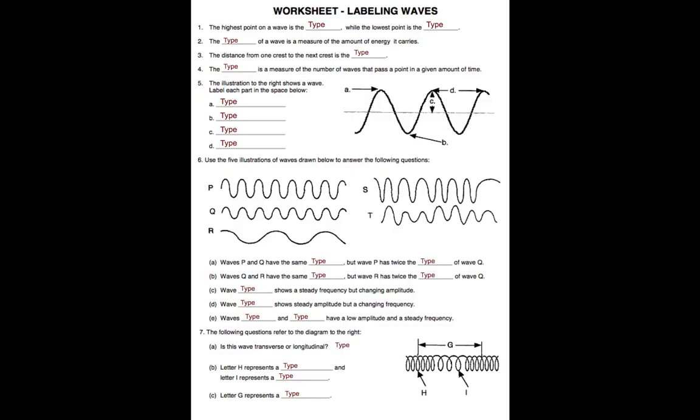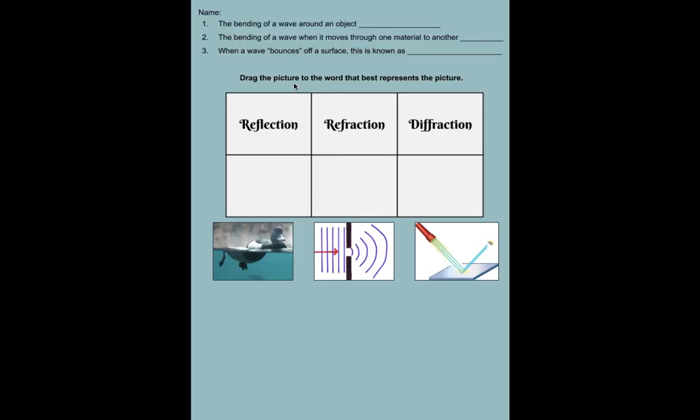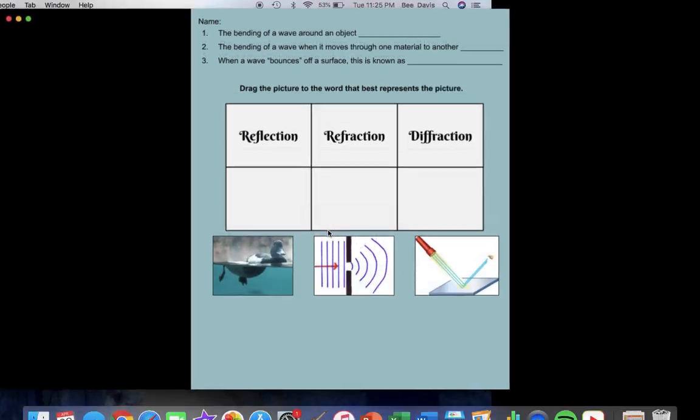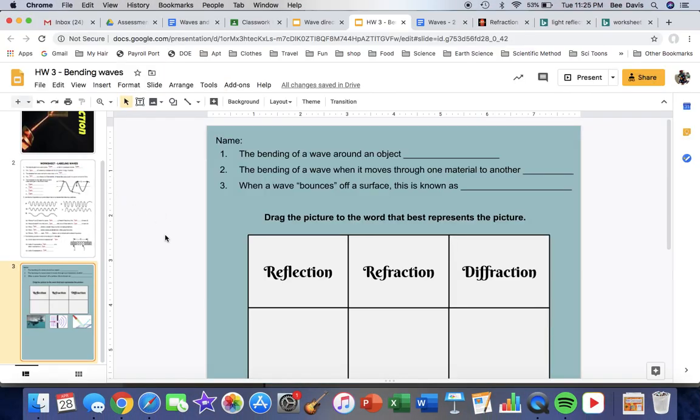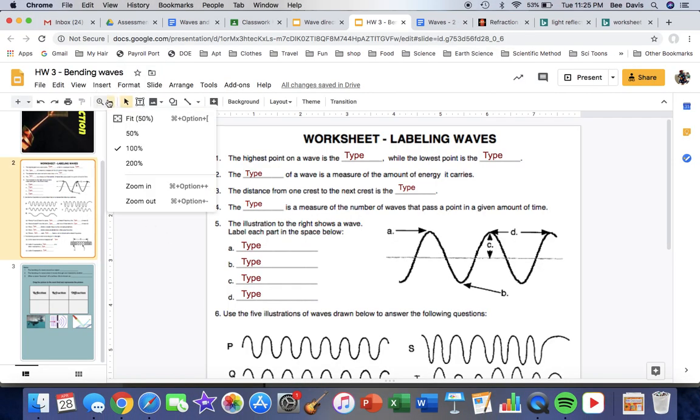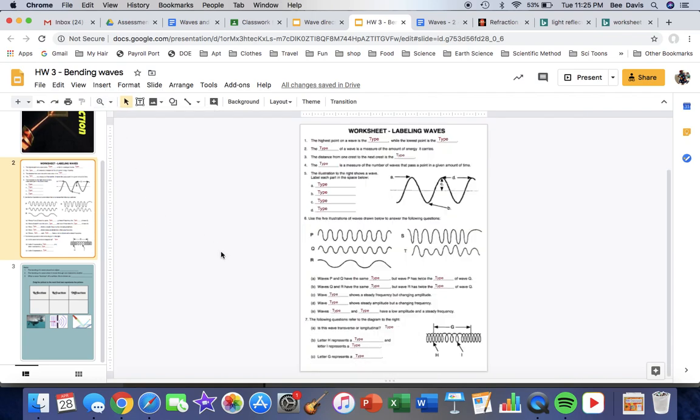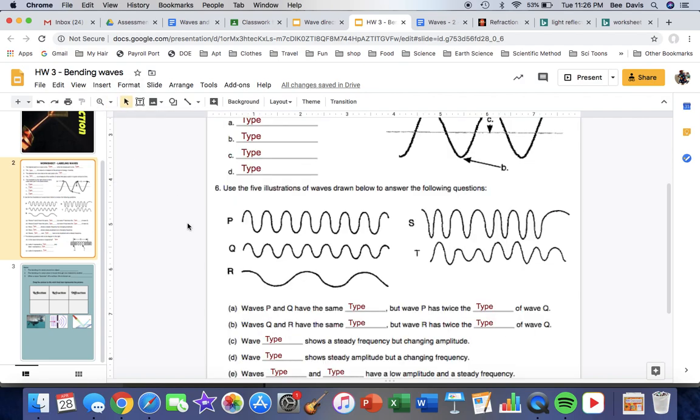You have your worksheet here, and you have a sheet here where you just have to name each one here, and then figure out which picture goes with which word and drag the picture up to the word. Now remember, if your paper is going to look like this when you get it and it's small, come over here, click on 100, and then I'll make it bigger.